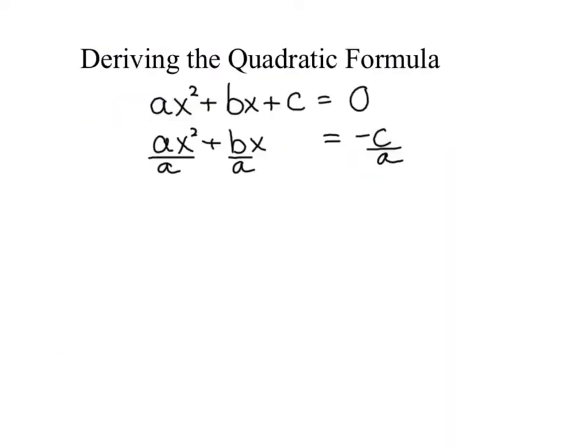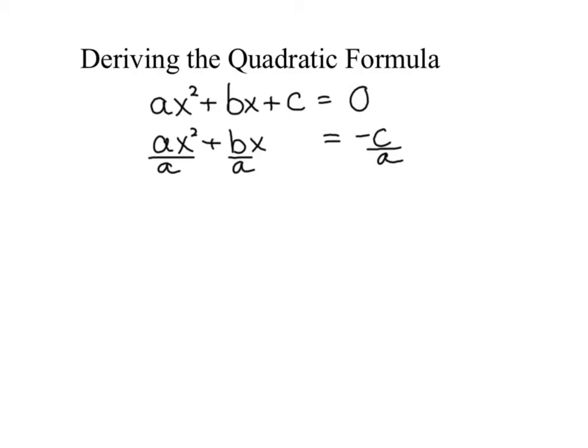Okay, you'll see here that the quadratic formula is going to come about through solving using the standard form of a quadratic equation. So far, I've got ax squared plus bx plus c equals 0. Then I have moved the c to the other side by subtracting the c, and then dividing all the way through by a.